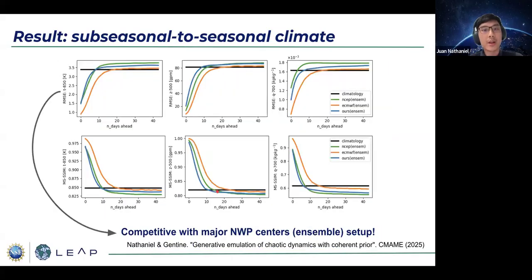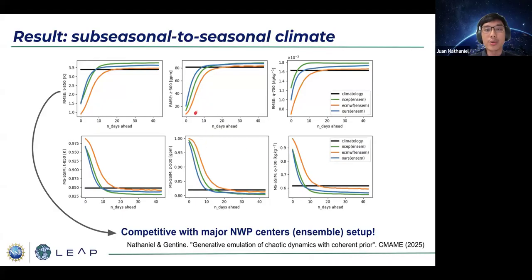And we are benchmarking against a few weather prediction centers like NCEP from the US or ECMWF. We're just showing two, but we're also benchmarking against the China Meteorological Agency and the UK Met Office.